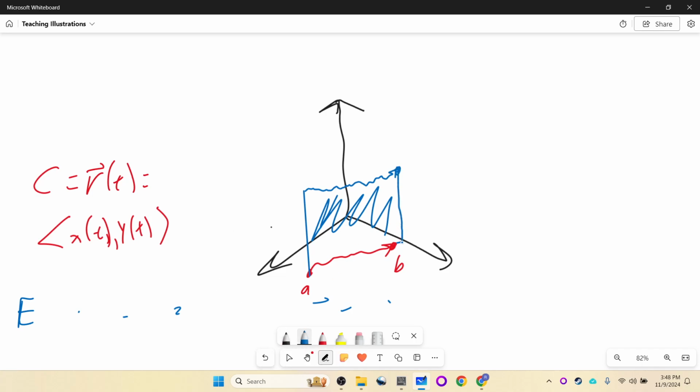So what we would say is, if we were to unroll this curtain, instead of t, we would use the independent variable s, where s would represent the distance traveled, or relative distance. Maybe we can say a is here and b is here.